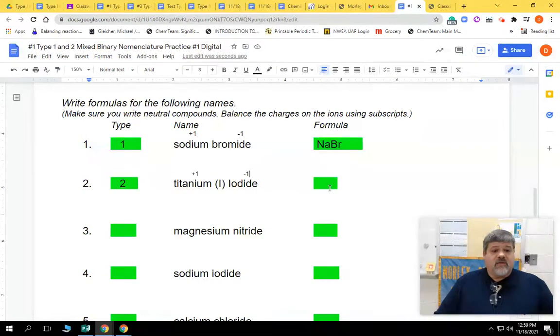We just put the symbol for titanium, which is Ti. I don't need to put 1 down, because there's only going to be 1 of them, so we don't put any subscript. And then we put I. Now I can make it a little easier to read if I change the font to something like this, and I see that it's TiI. That's titanium.